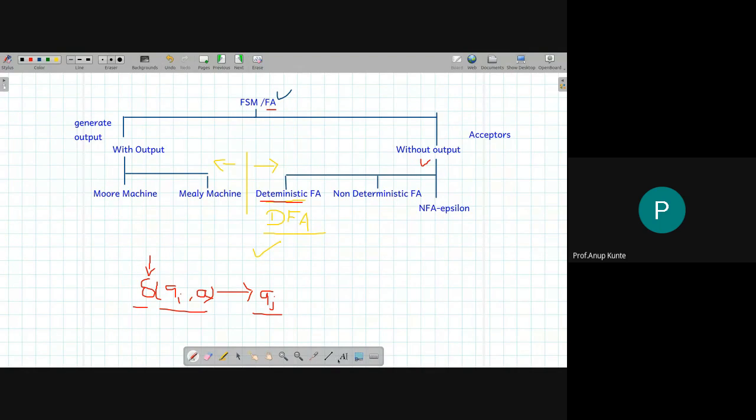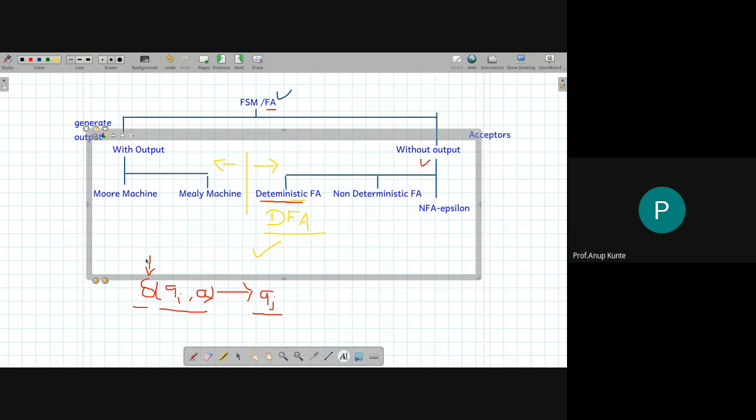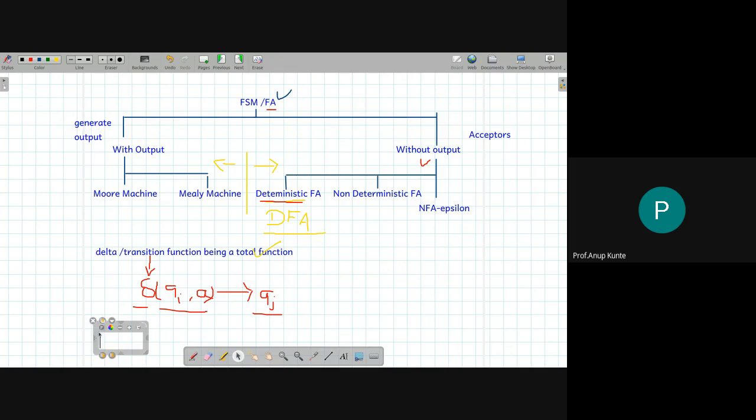The property that makes me have this relationship between the Qi comma A tuple and Qj is referred to as delta, or the transition function, being a total function.